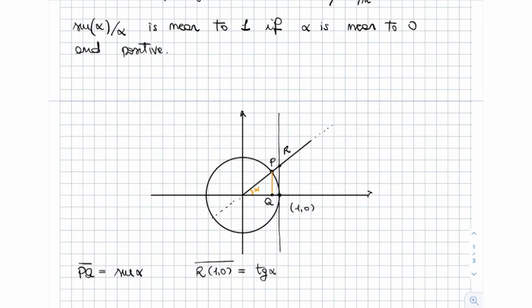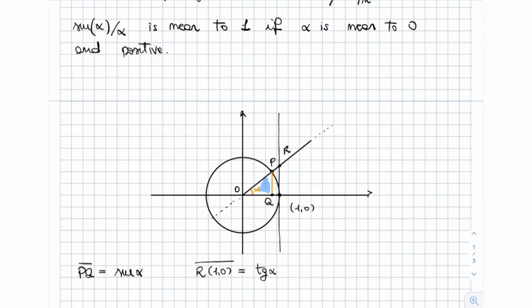How do we do this? Well, here we've got three things we can compare. The first one is the triangle whose vertices are the origin, P, and Q, and it's the one I just colored in blue.